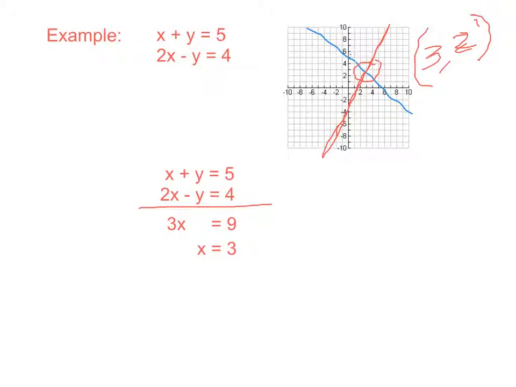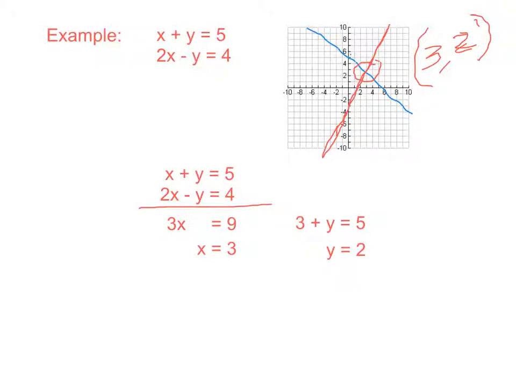Once I know what x is equal to, I can plug it back into one of the above equations and figure out what y is equal to. I'm going to use the first equation because it's a little easier. So I plug in 3 for x, and I've got 3 plus y equals 5, or simply y is equal to 2.